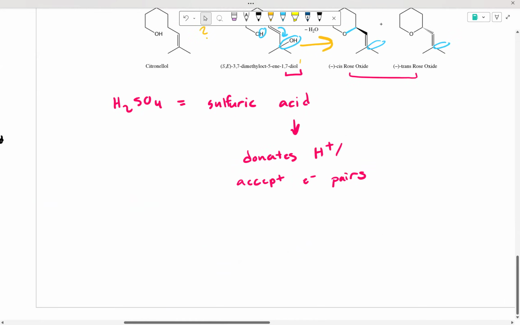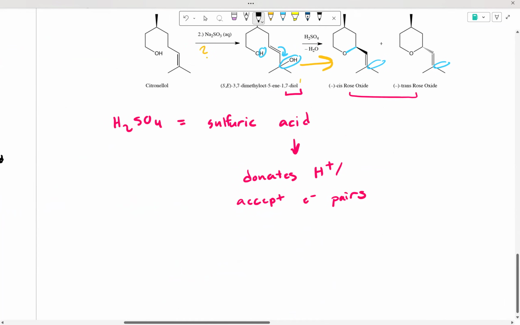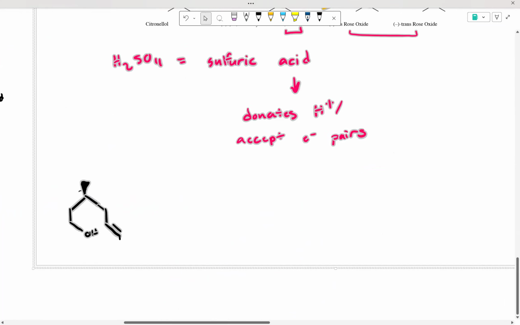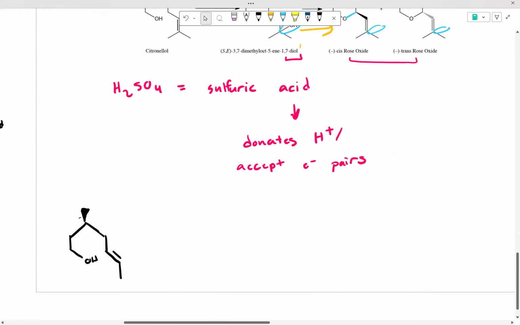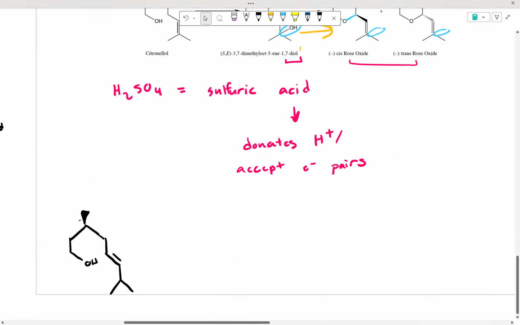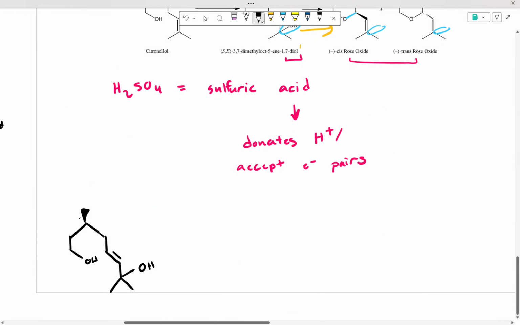So the first thing that's gonna happen is that we're gonna recognize, let me draw this first, that sulfuric acid, a strong acid, donates H plus.